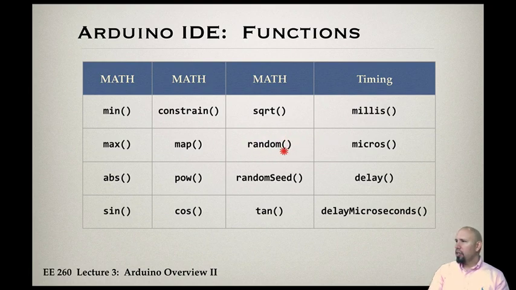Random basically returns a random number, but like any random generator, it's not truly random. That is, there's a pre-specified process by which that number is arrived at. If you start with the same seed for the random number, you will always get the same random sequence.